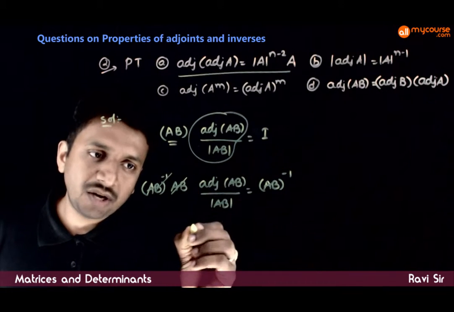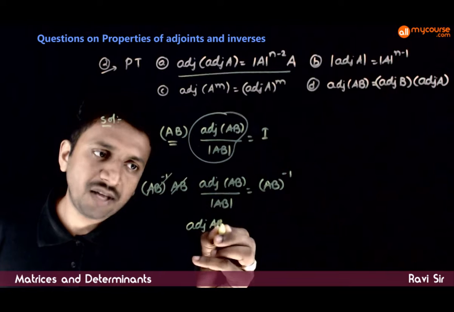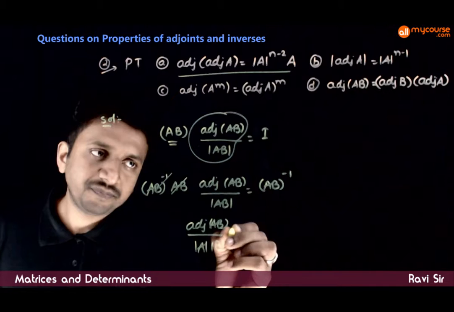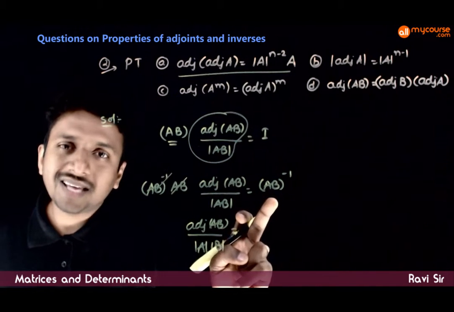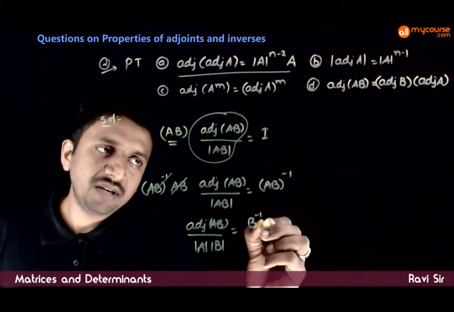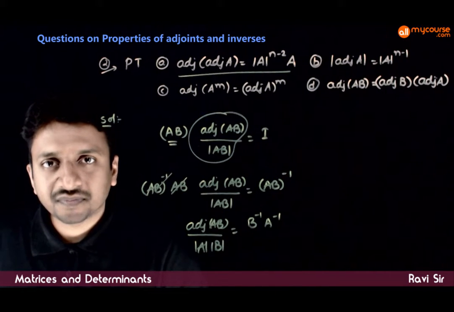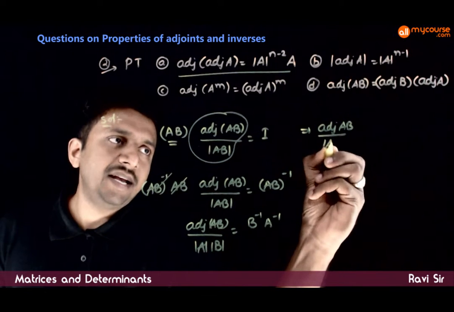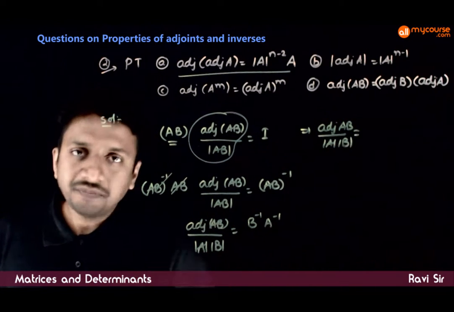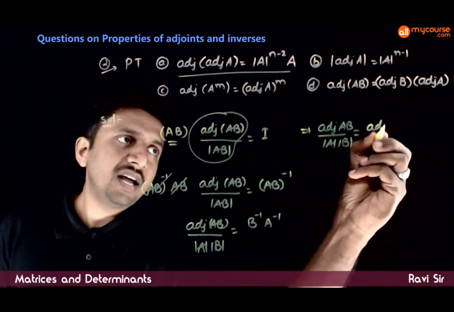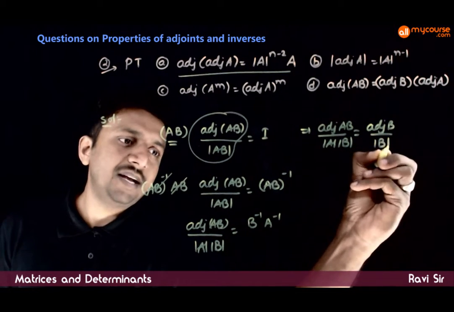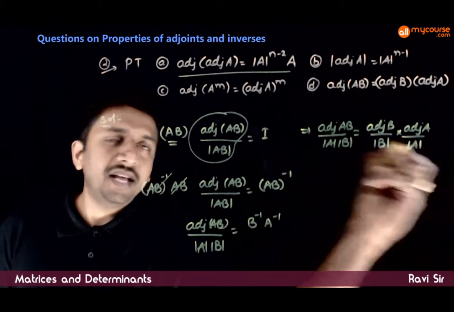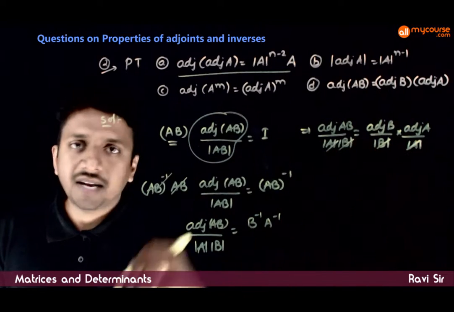So I times adjoint of AB by det of AB, which is det A times det B, is equal to (AB) inverse. So what is (AB) inverse? B inverse times A inverse. So this implies adjoint of AB by det A times det B is equal to, so B inverse is adjoint of B by det B, and A inverse is adjoint of A by det A. So det A, det B, det B, det A are cancelled.